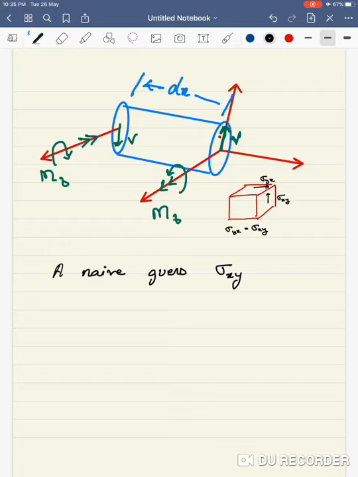A naive guess would be that sigma xy is simply V by A, A being the area of this entire surface right here, and this happens to be incorrect.